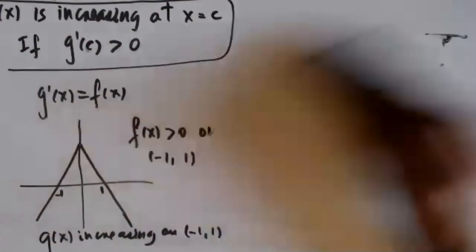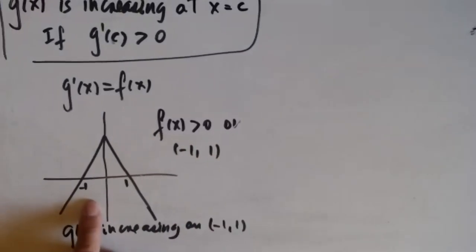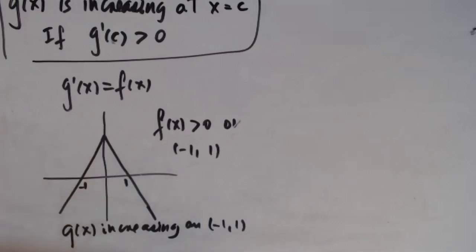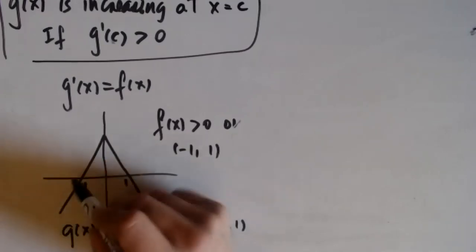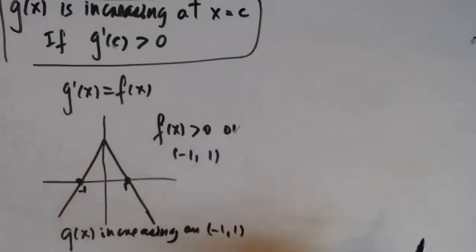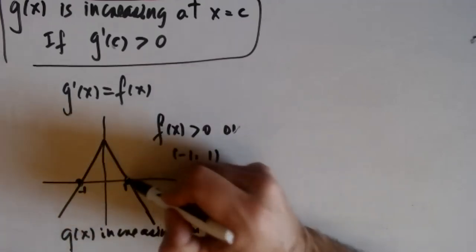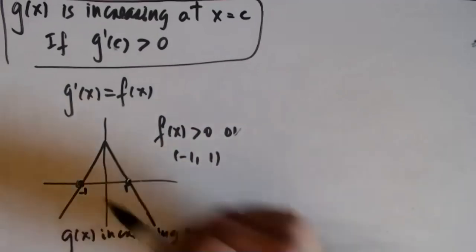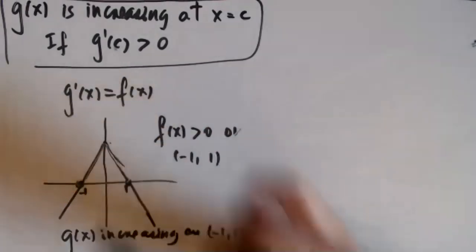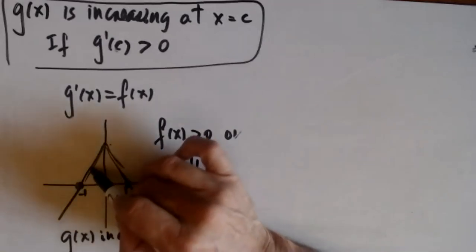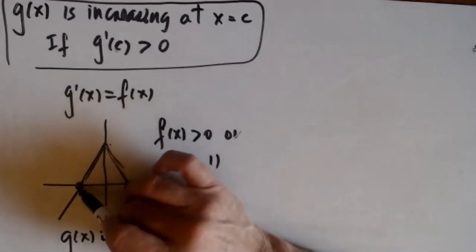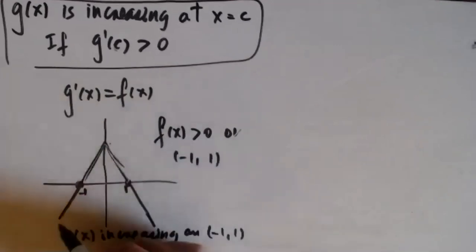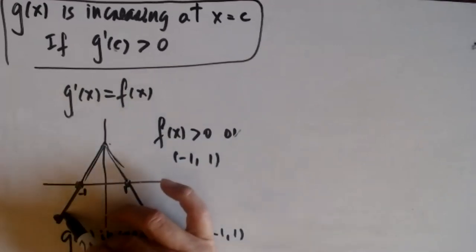So it's pretty much the same here. You are taking this as the acceleration? No, I'm taking that as the velocity. This is the velocity? Because you have to find where g is increasing. So g is the distance or the displacement. So f of x is the velocity and f prime of x is the acceleration. Here if this is the velocity, it is negative, but it's stopping, you see?